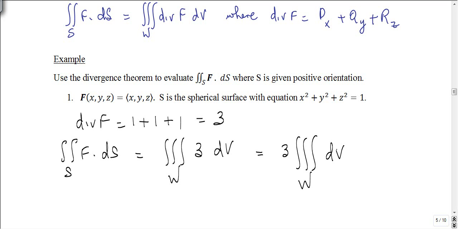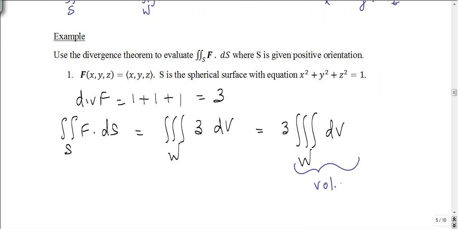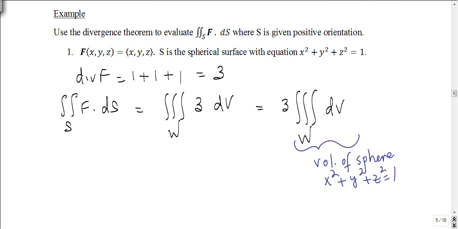What is the triple integral of 1? Volume. So this part here is really finding the volume of the sphere x squared plus y squared plus z squared equals 1.